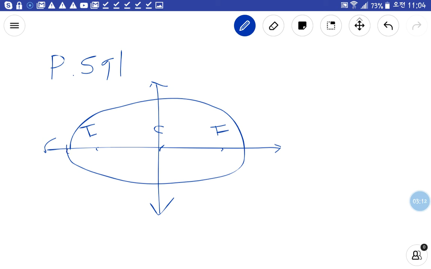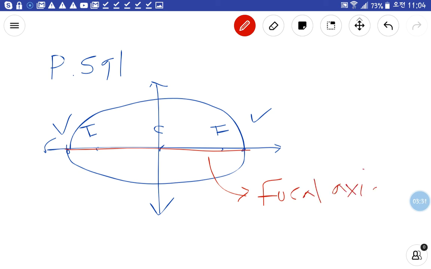And those points, this we call the vertex, and this we call the vertex. Then this line from here, we call the focal axis.